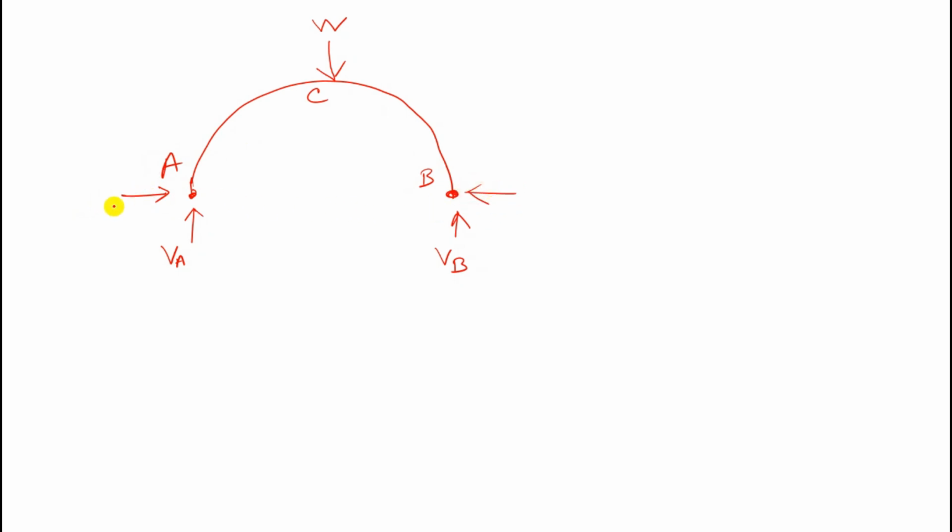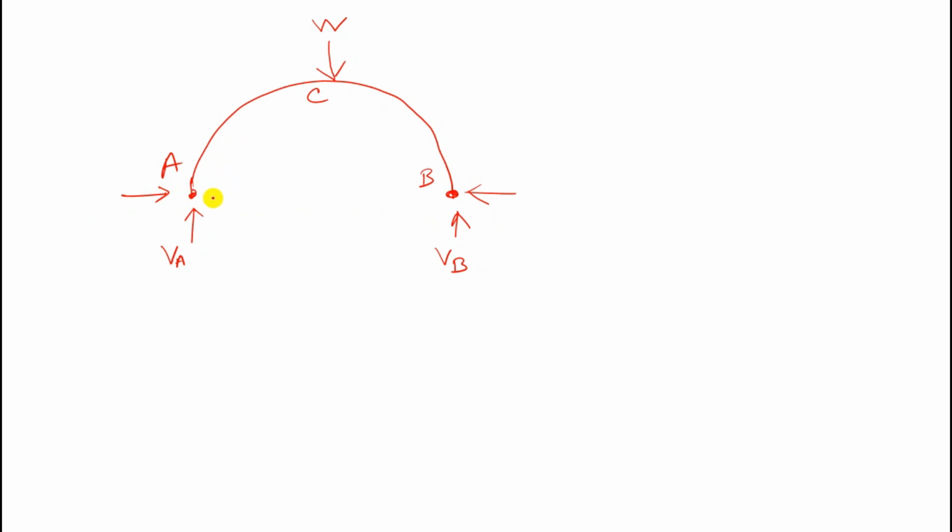Let us try to solve one problem. Let us consider a two hinge arch subjected to a point load W at the midpoint, at the crown. At the two ends we have vertical reactions VA and VB, and we have two horizontal thrusts that we have to calculate also.